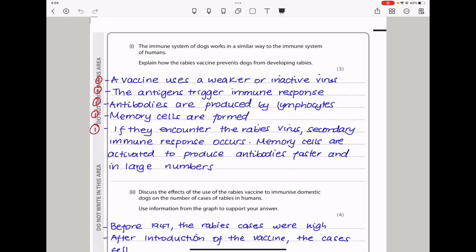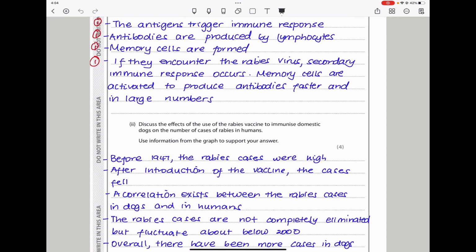So I said a vaccine uses a weaker or inactive virus. The antigens trigger immune response, antibodies are produced by lymphocytes, and then memory cells are going to be formed. If they encounter the rabies virus, secondary immune response occurs, memory cells are going to be activated to produce antibodies faster and in large numbers.